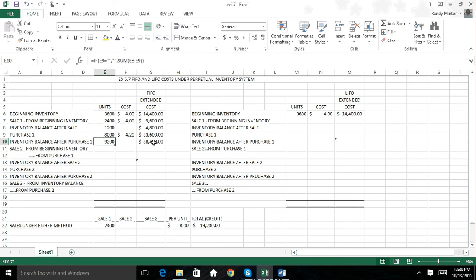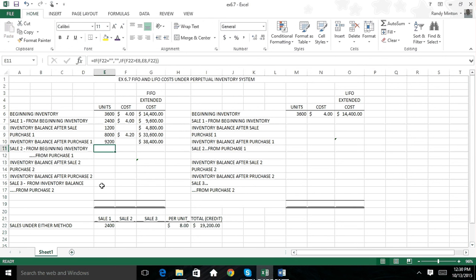And in this case, it is a mixed value because you had 8,000 units coming from the first purchase at $4.20 and 1,200 coming at $4. So this is actually a mixed number. It isn't a number that you can go up here and pick out. It's going to be some combination of the two, based upon the weighted average, actually, in this case.